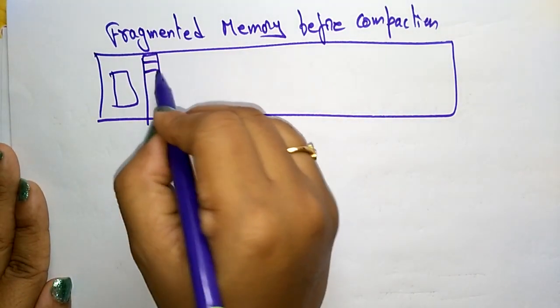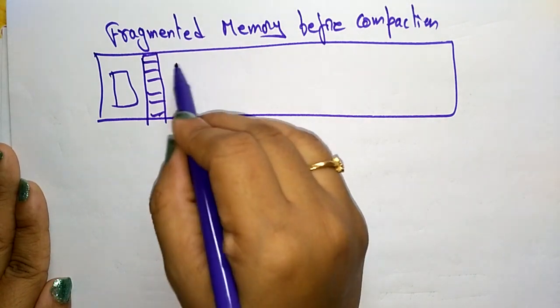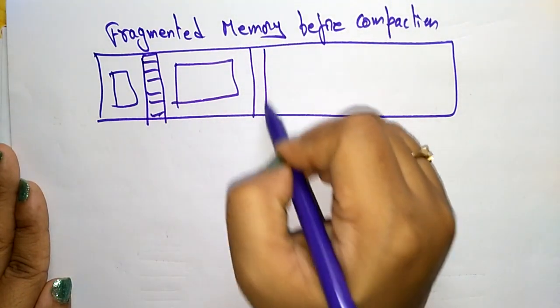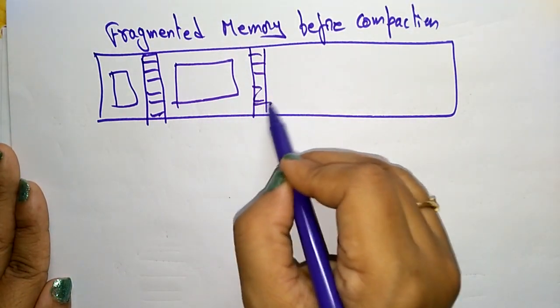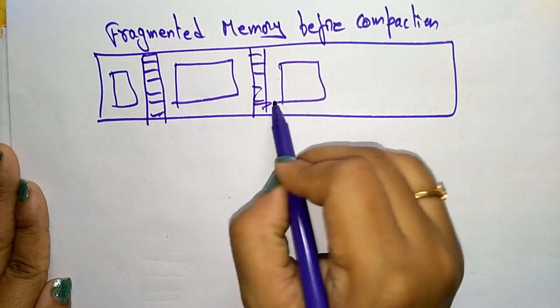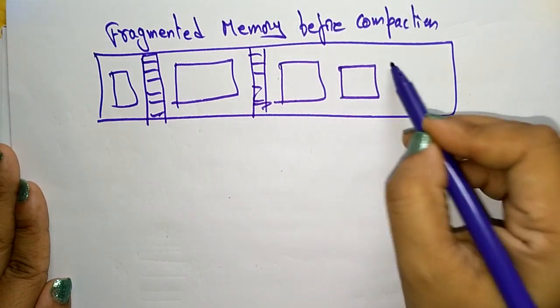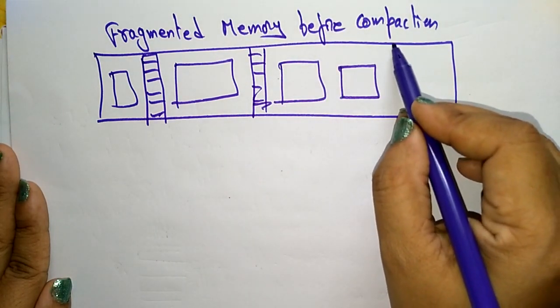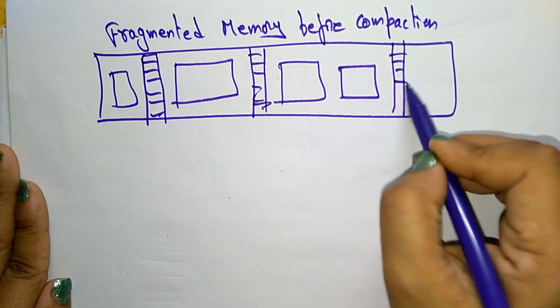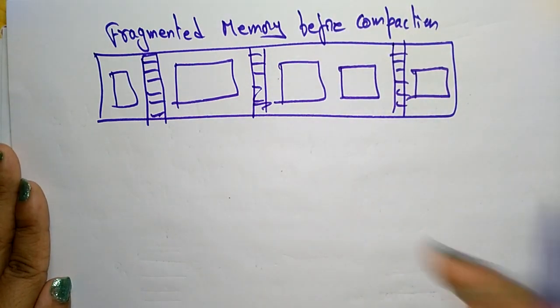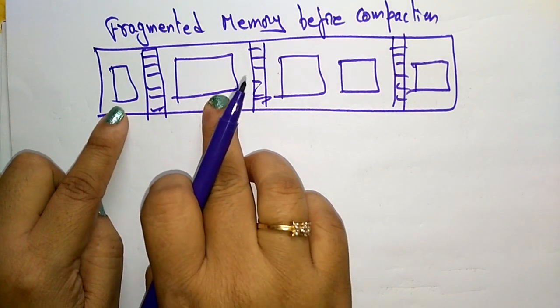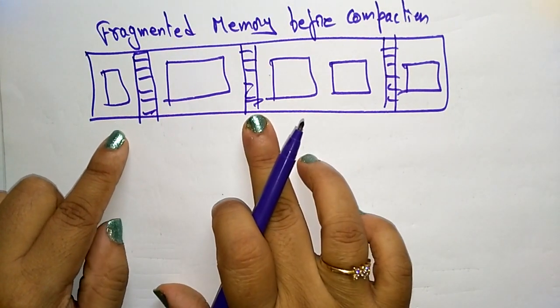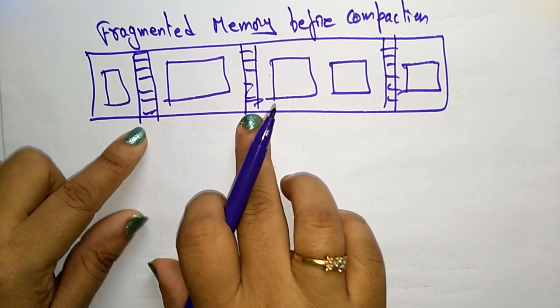This is unused, and here is another block, and this is unused, and this is some block, and this is another block, and this is unused, and again a small block. These are the blocks where a process can be stored, and these are the unused areas.